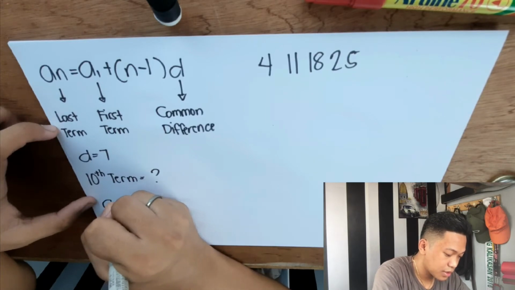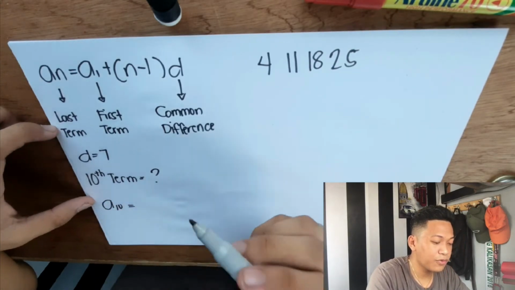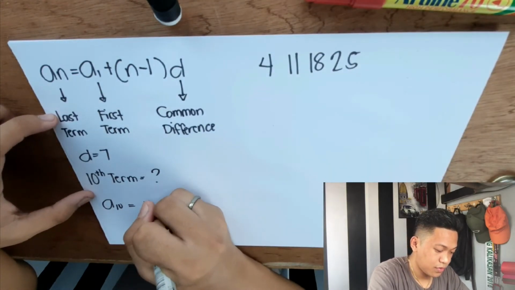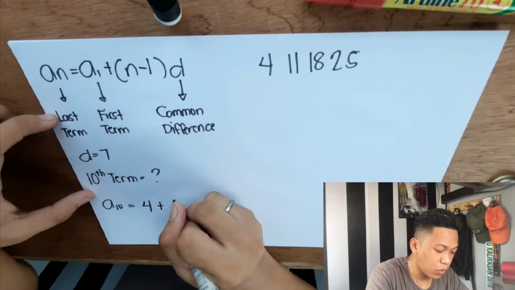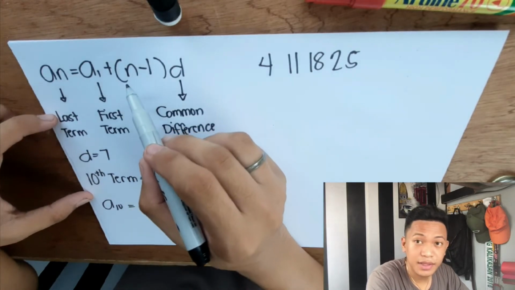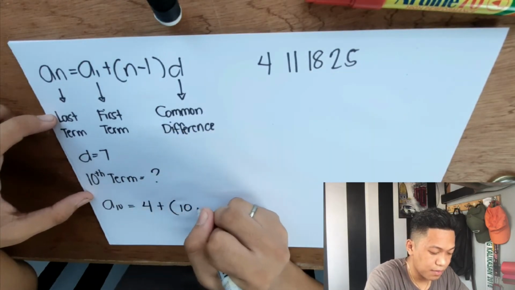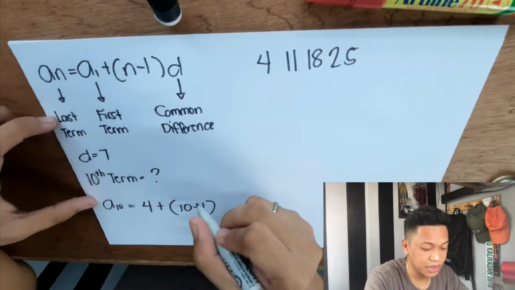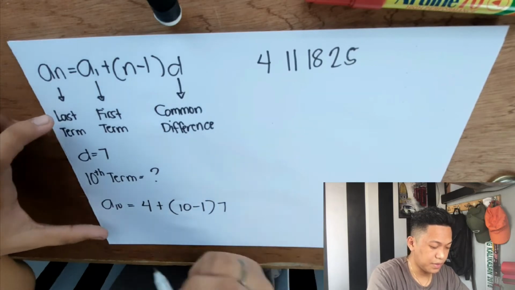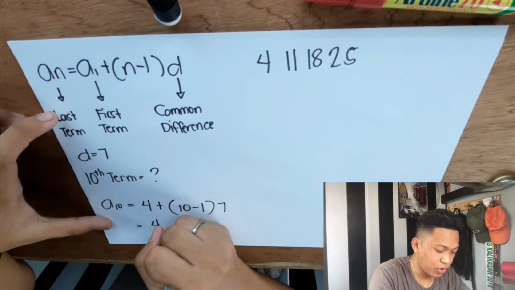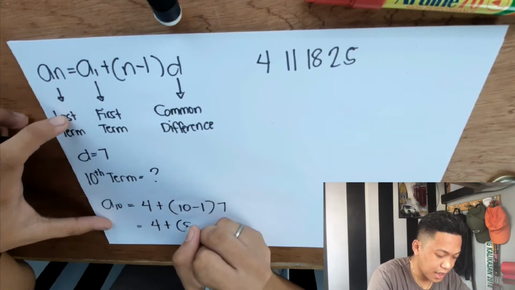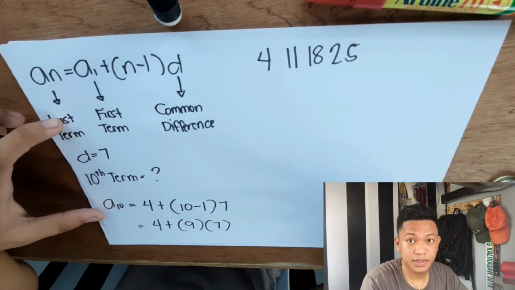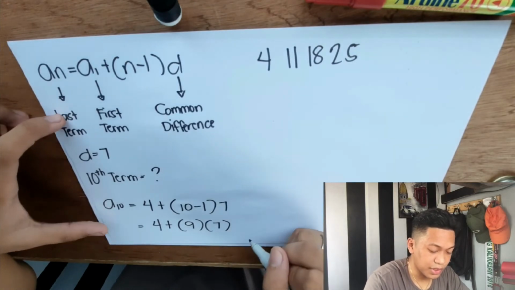So, A sub 10 equals our first term, which is number 4 plus the quantity, yung N natin is number 10 minus 1, tapos yung common difference natin, which is yung letter D, is number 7. So, magiging 4 plus 9 times 7. So, computein lang din natin.